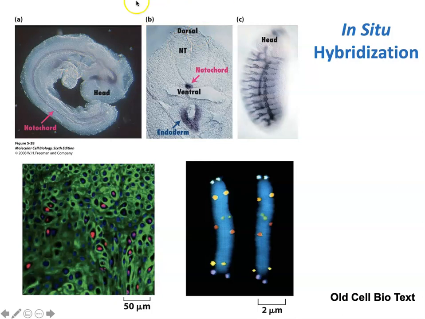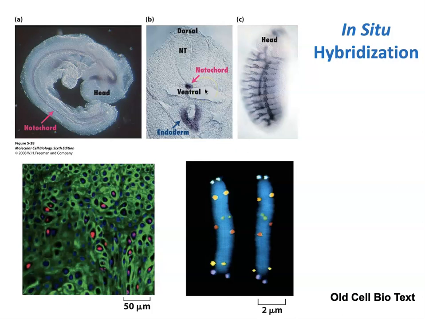So basically, you can take any nervous system. As you can see here, there's a few different nervous system slices for you to look at. And you can bind to them the probes that you are most interested in studying.